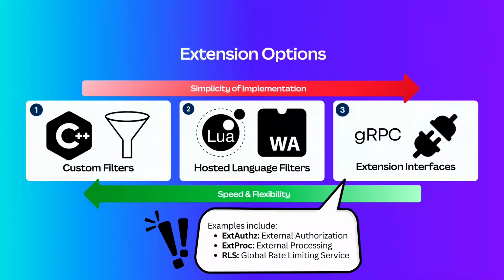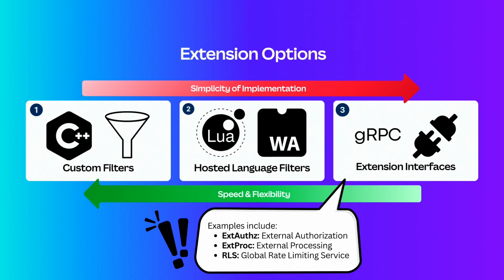And at the far end of what I would consider the most simple implementation options, but also the least flexible. When I say least flexible, you can do anything with them, but they're often tied to very specific problem sets.